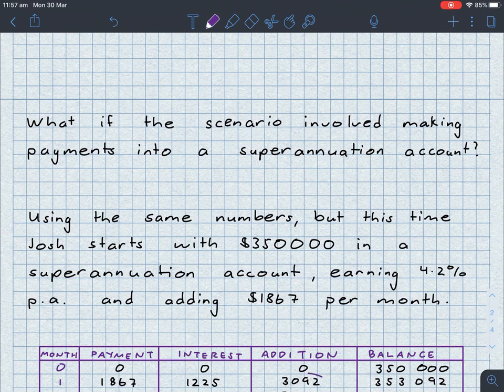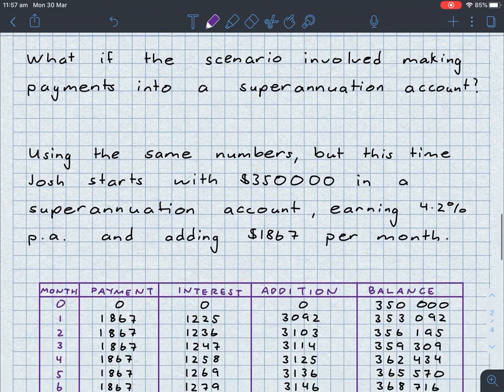So this time we don't minus to get this column, we plus, because he's paying $1,867 plus he's earning $1,225 in interest. So those two added together make $3,092. And then we add that onto the balance to get the new balance for the month.